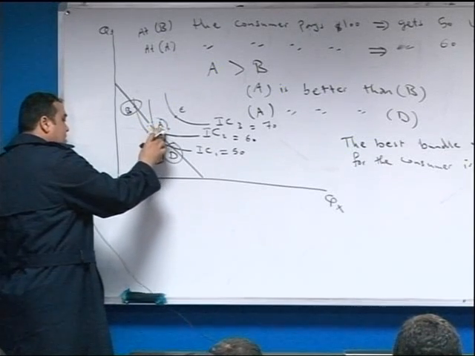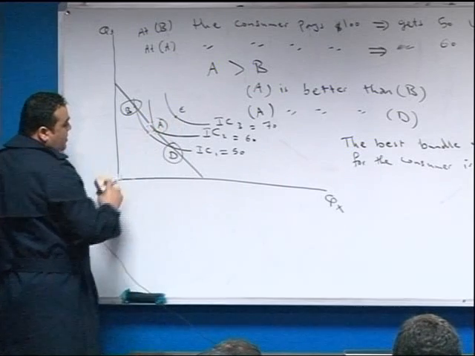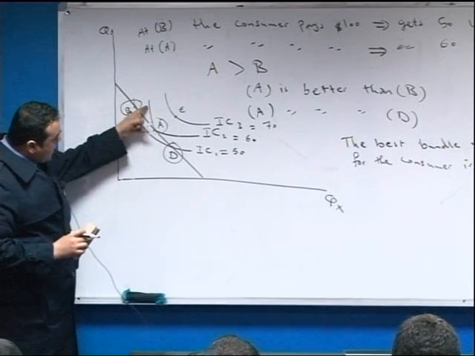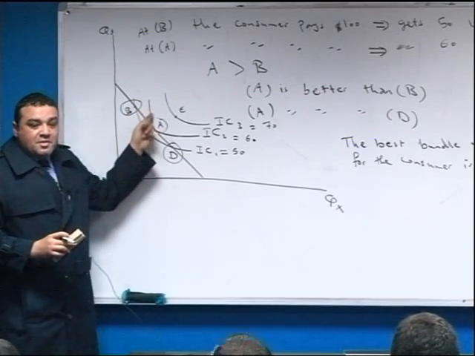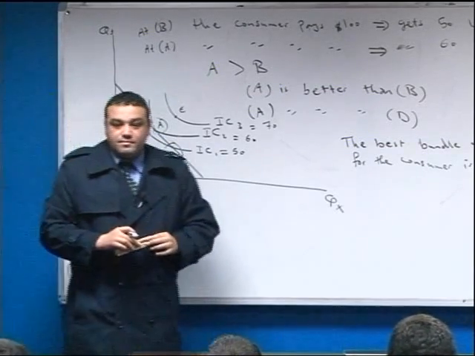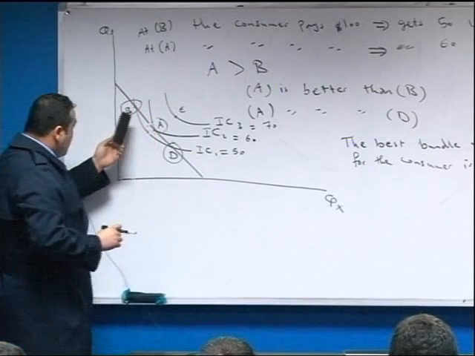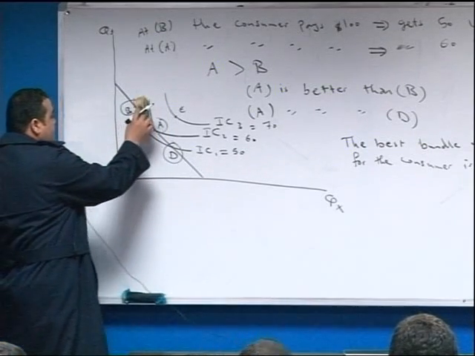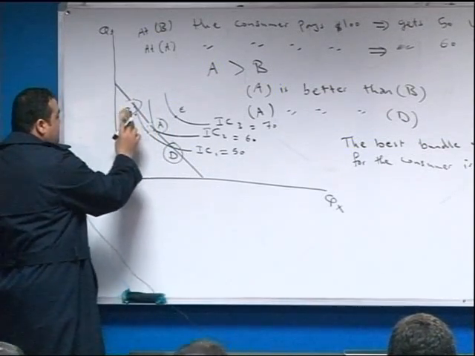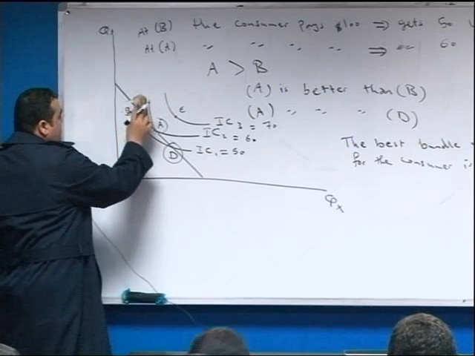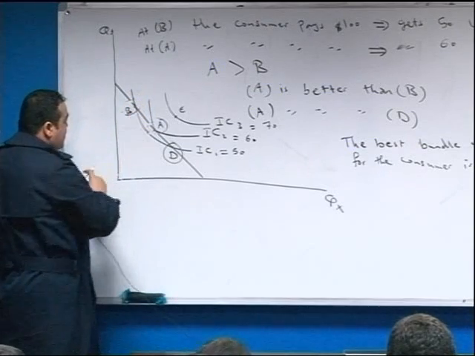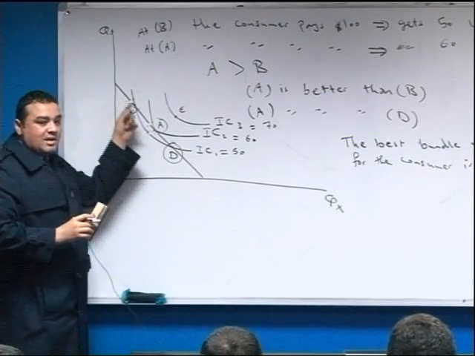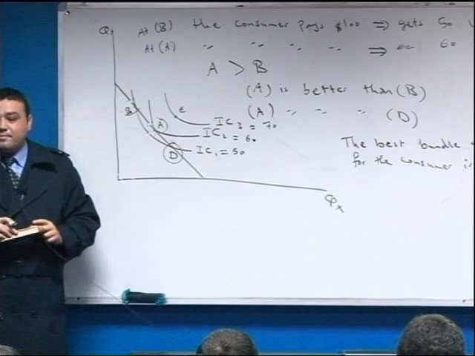and calculate the slope. At this point, the slope of the budget line equals the slope of the indifference curve. Right? But at point B, what's the situation? The slope of the indifference curve is larger than the slope of the budget line.